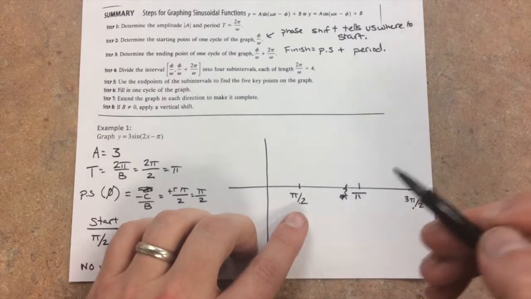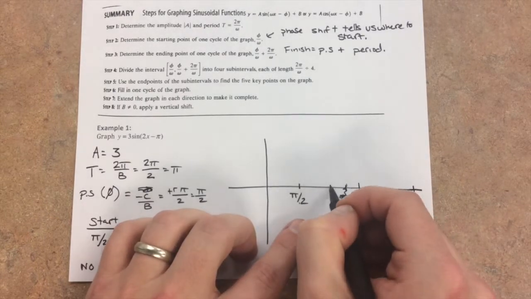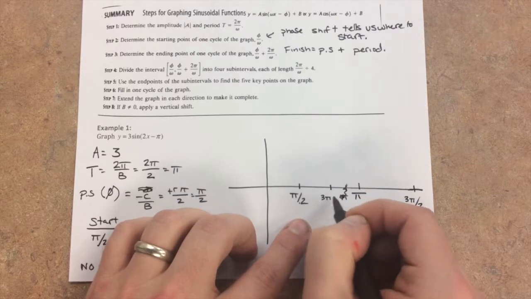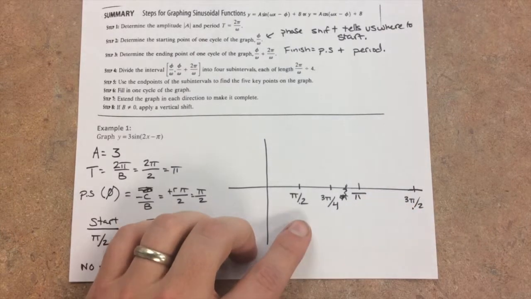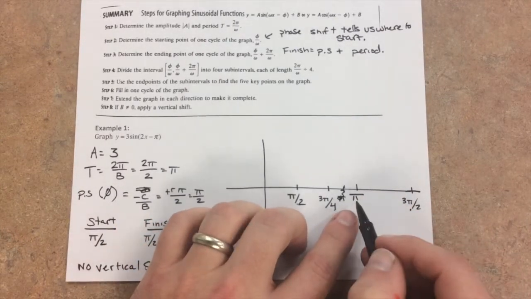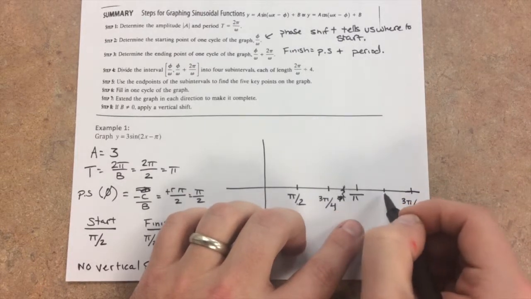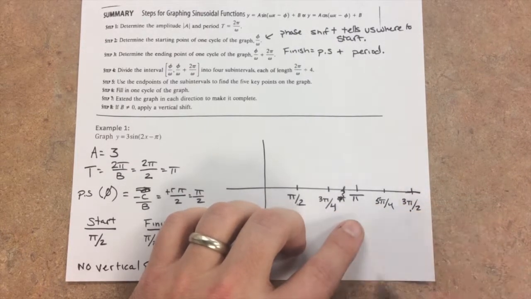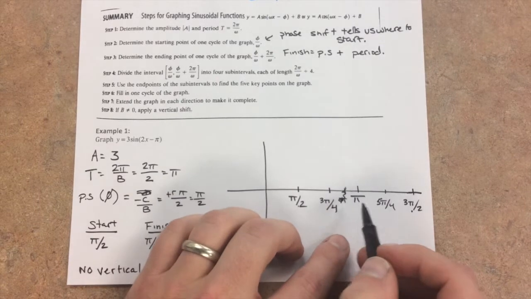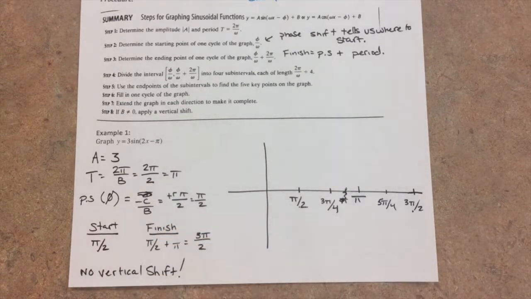We can look on our unit circle and see that halfway between those would be 3 pi over 4. And halfway between pi and 3 pi over 2 is 5 pi over 4. Or you can, again, add these two up, divide by 2. You get the exact same thing.